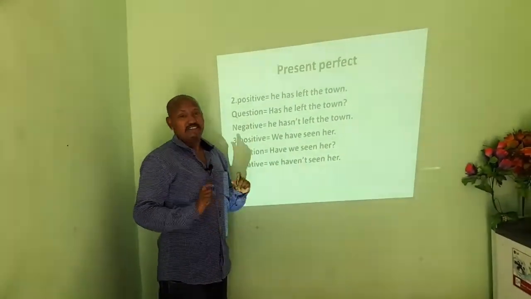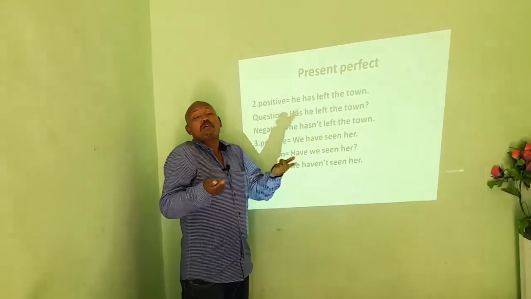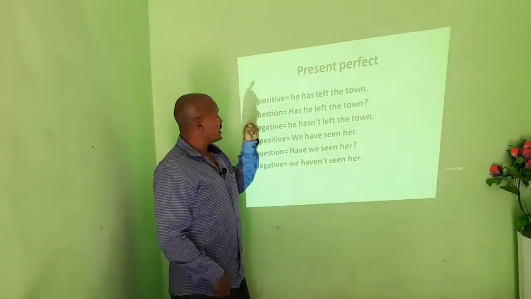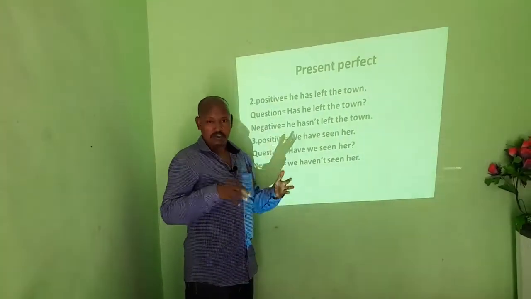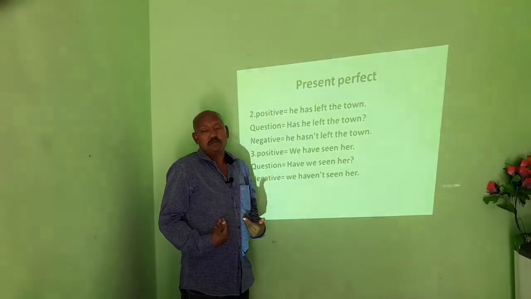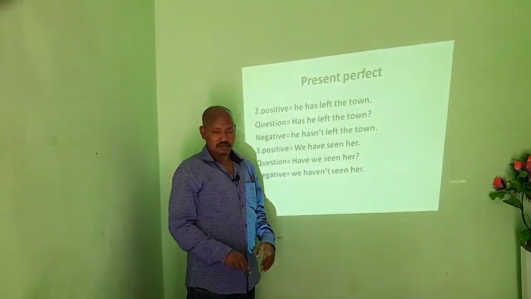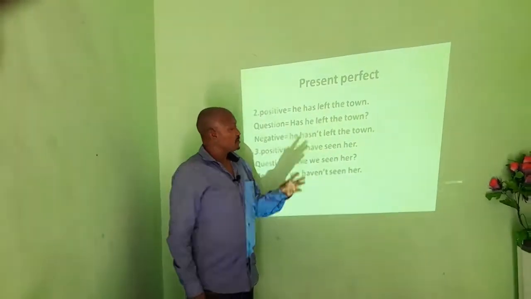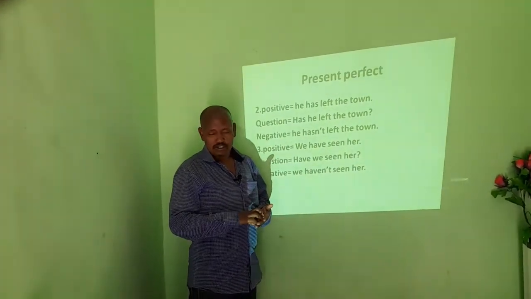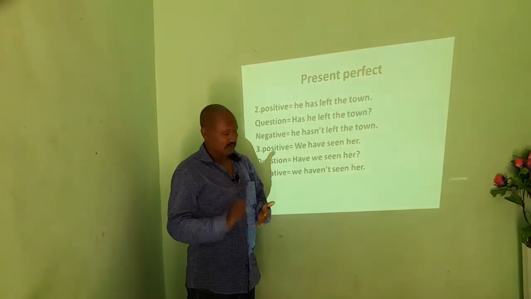It does not mean is he leaving, or has he left, or had he left. This meaning applies at the time of speaking. It means he hasn't left the town; he is in the town at the time of speaking. So this is how present perfect is different from that of the present continuous and present simple.